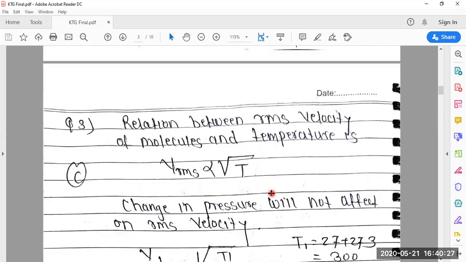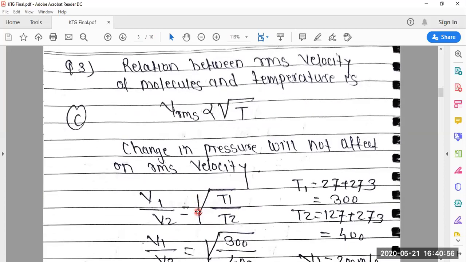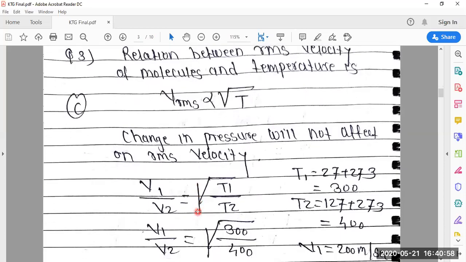The molecules of a given mass of the gas have RMS velocity 200 meter per second at 27 degrees Celsius and 1.0 into 10 raised to 5 Newton per meter square pressure. When the temperature is 127 degrees Celsius, and the pressure is 0.5 into 10 raised to 5 Newton per meter square, the RMS velocity in meter per second is.